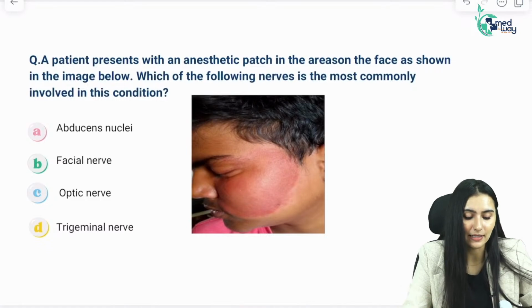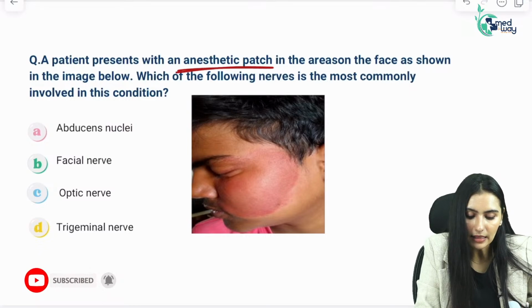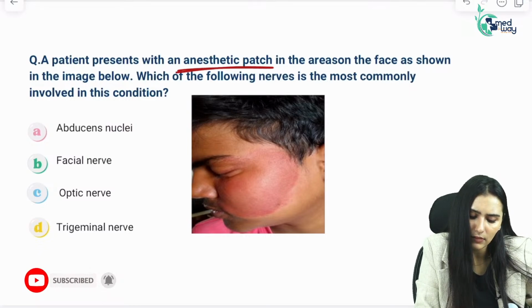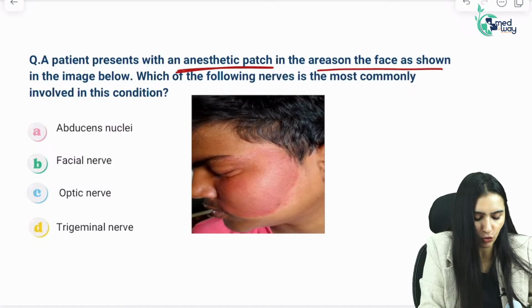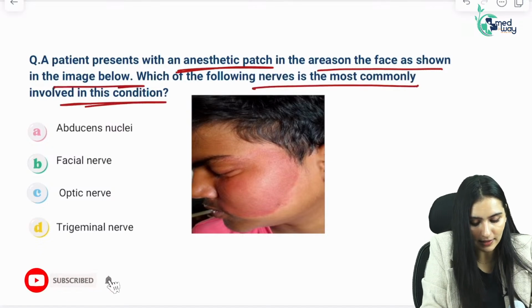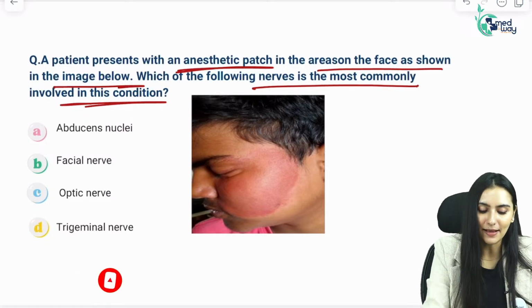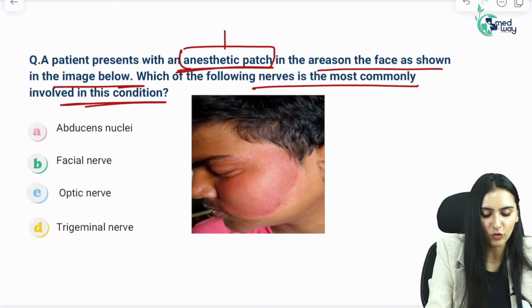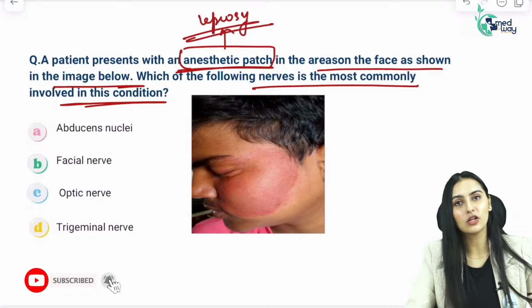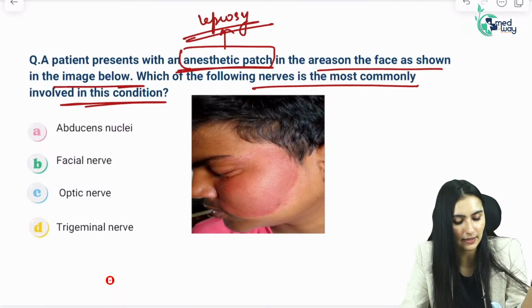A patient presents with an anesthetic patch in the area, basically they want to say the face, as shown in the image below. Which of the following nerve is most commonly involved in this condition? Let go of everything. There is an anesthetic patch, which I have told you is most likely leprosy. In dermatology, if you have a dermatological picture and they say anesthetic patch, think of leprosy.